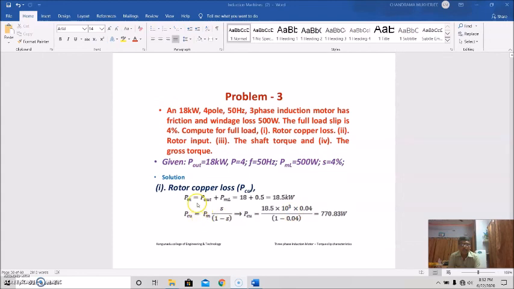So for the rotor copper loss, the developed power is equal to output power plus mechanical losses. So 18 plus this, and this is the mechanical power developed. Rotor copper loss equals PM into S by 1 minus S. Put in the values and you will get this.